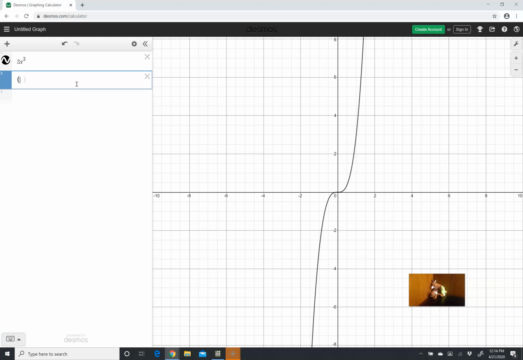This is going to become 3x cubed, and it's a vertical shrink, okay? So because it's a vertical shrink, vertical shrink makes the graph wider, so we divide. We're dividing the whole function. Notice we put the whole 3x cubed in parentheses. And you can see it gets wider.